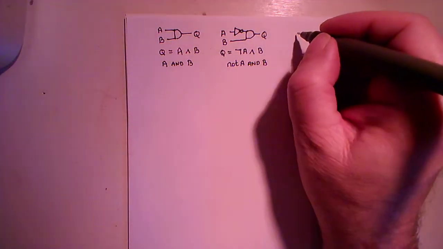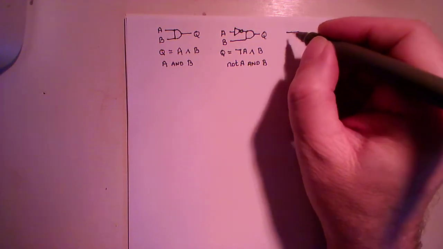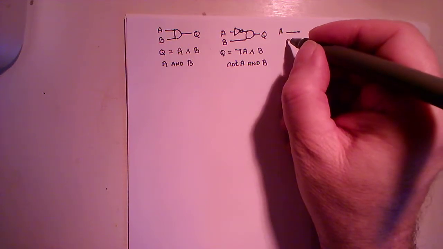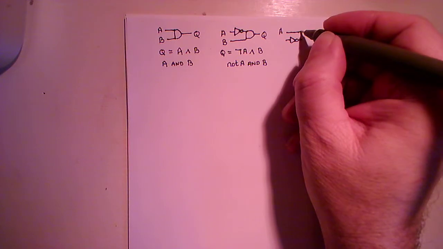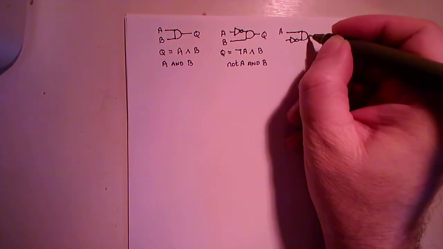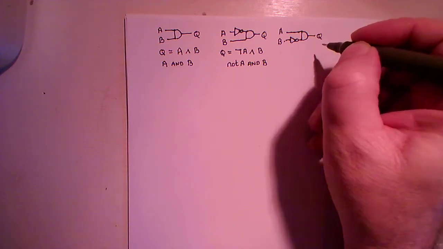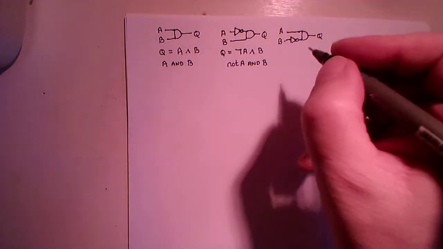So I've got another one. If I had no NOT on the A input, but on the B input I also had a NOT gate. So there's my B. So all I've done is put the NOT gate on the B leg this time.